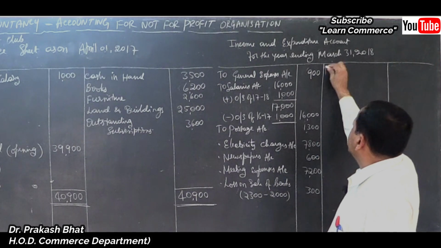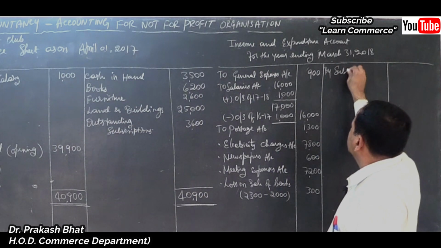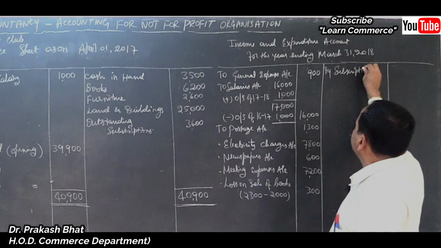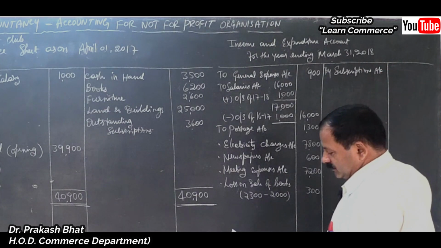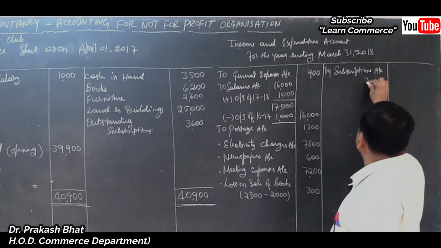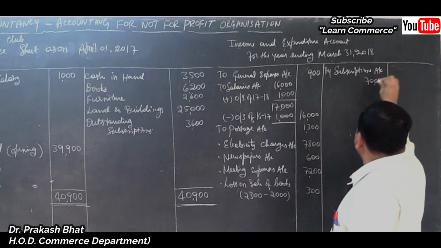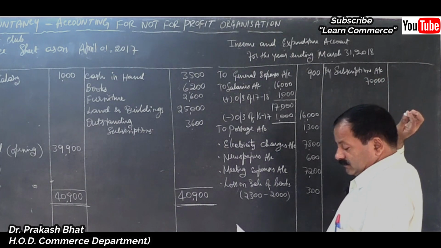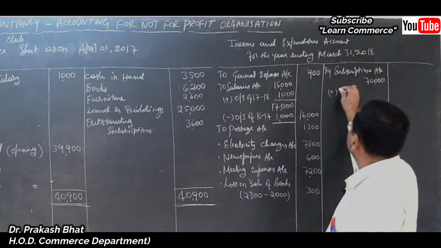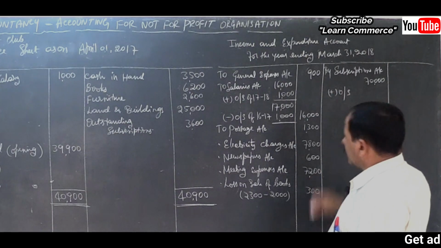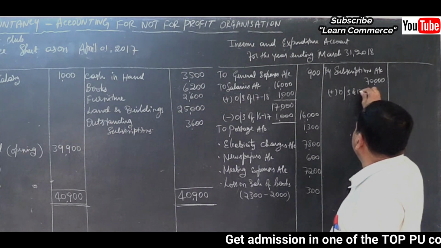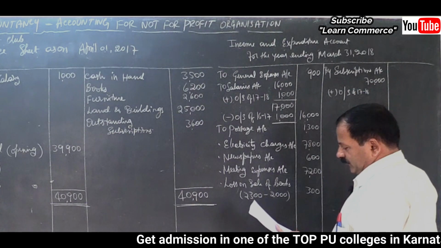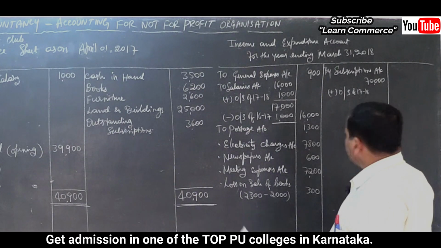By subscriptions, 70,000. Add outstanding of the current year 2017-18. How much? 20,000.